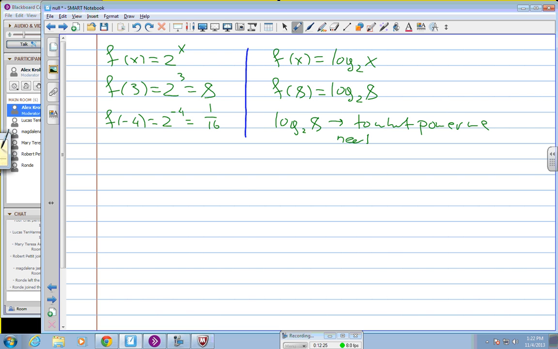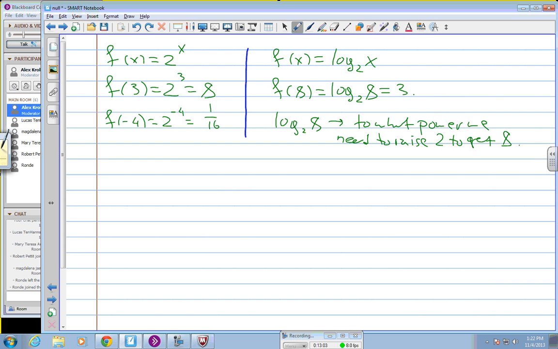By the way, do you know the answer to that? 3. Okay? So the output of a logarithmic function is an exponent. You give a value which you want to get, and the logarithm will tell you to what power you need to raise the base to get that value.